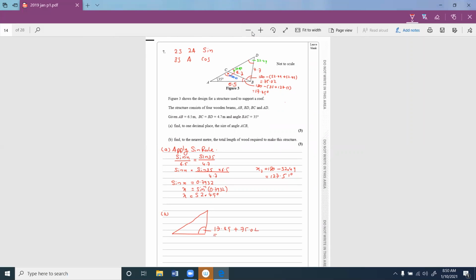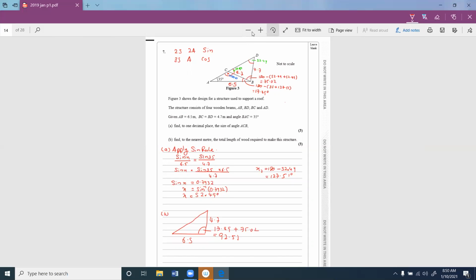That value is 92.51. We know that this length is 6.5 and this length is 4.7. Our objective is to find this length only, because all other lengths we know.